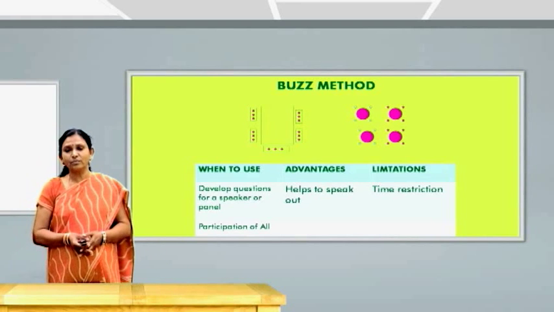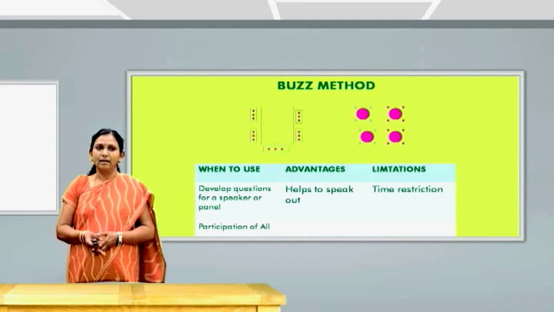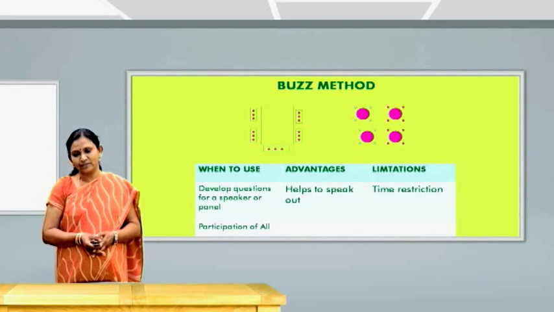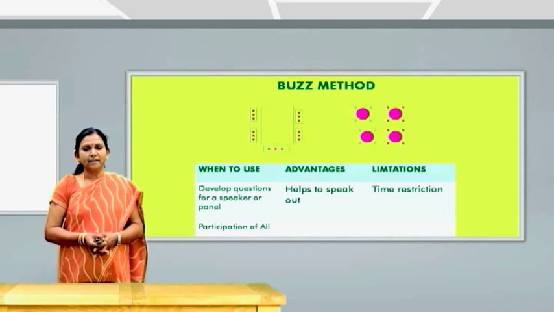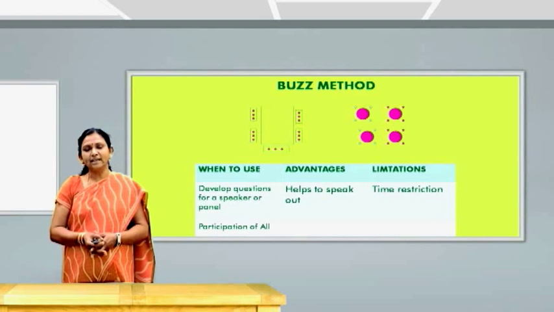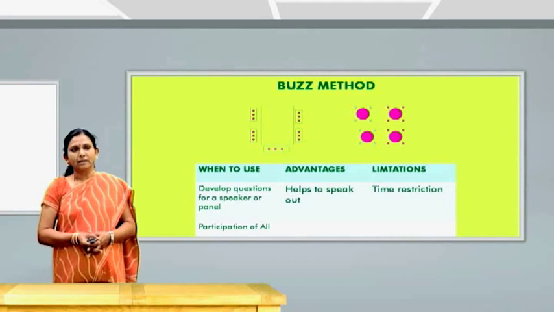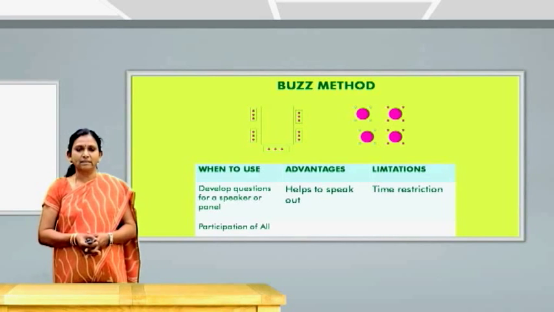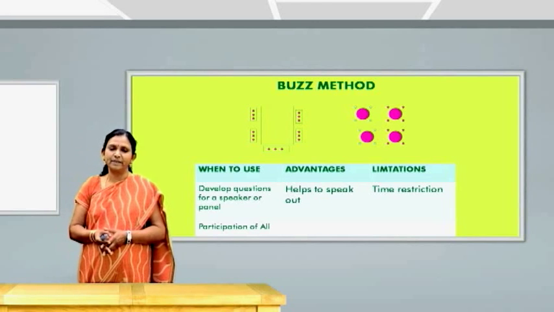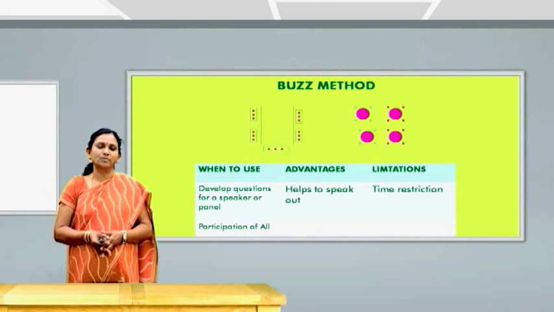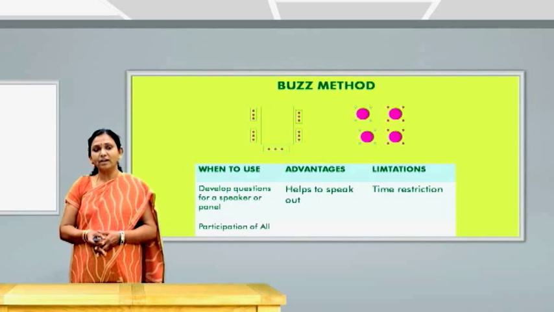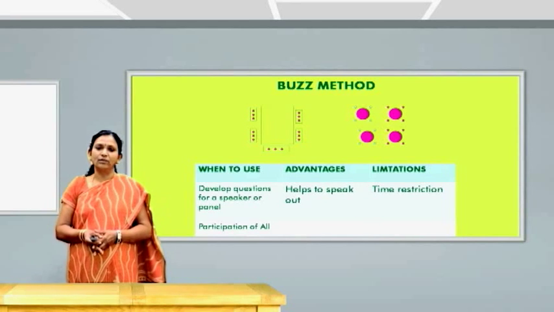All the small groups will be discussing and a buzz kind of sound comes in the classroom. This method helps even the silent members to speak, because they don't feel any threat to speak in a smaller group, and an informal atmosphere is created in the training hall.